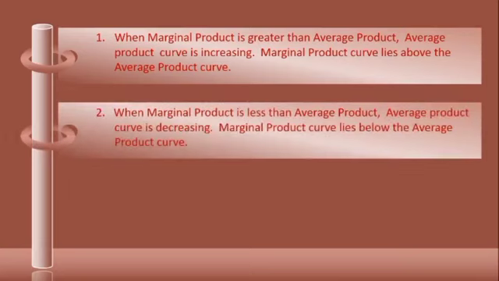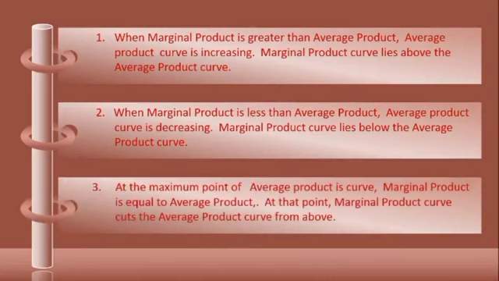Secondly, when marginal product is less than average product, the average product curve is decreasing, while the marginal product curve lies below the average product curve. Number 3, at the maximum point of the average product curve, marginal product is equal to the average product.